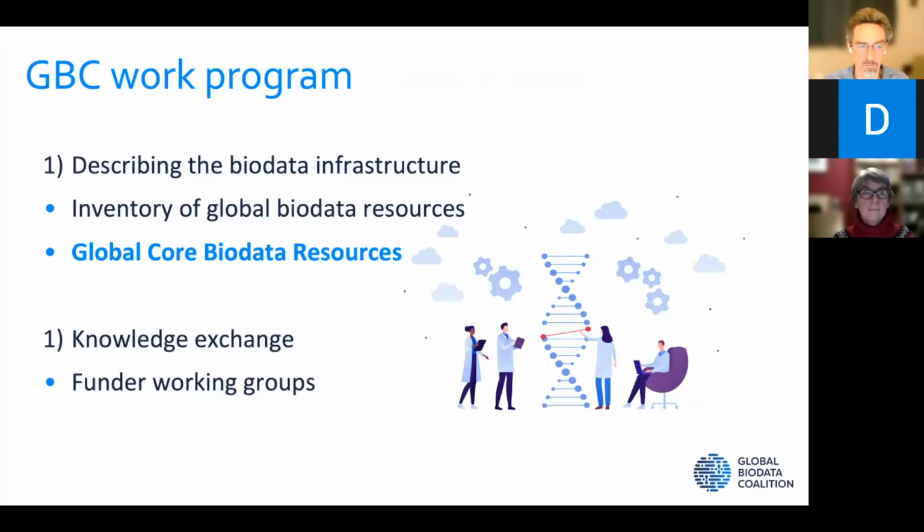The first 2 working groups are addressing open data policies and sustainability of the infrastructure. So those are 2 big questions. We have the first meetings of those this week and next, so we hope to be able to report something interesting in a few months or a year or so. Next slide.